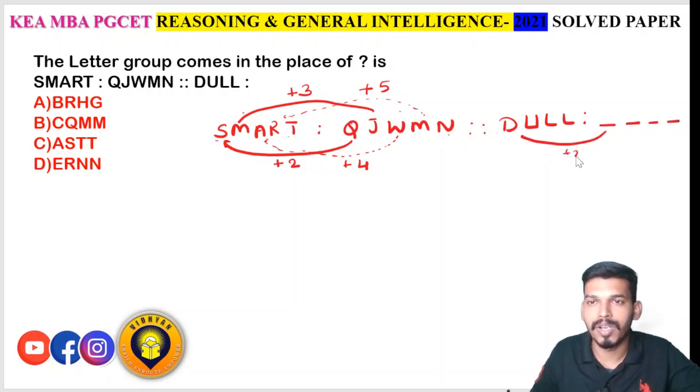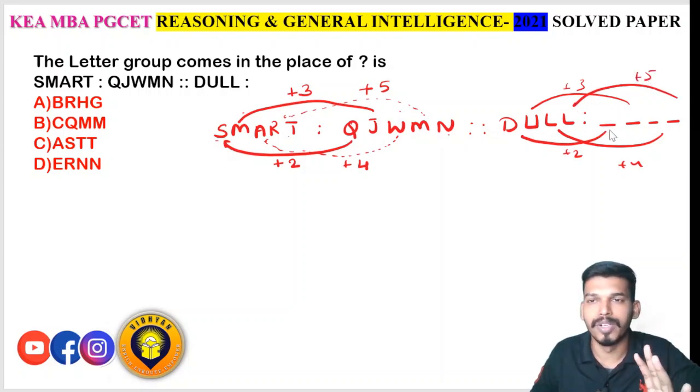First +2, then +3, here +4, and from here +5. Out of the given options, which letter group will come in these places?